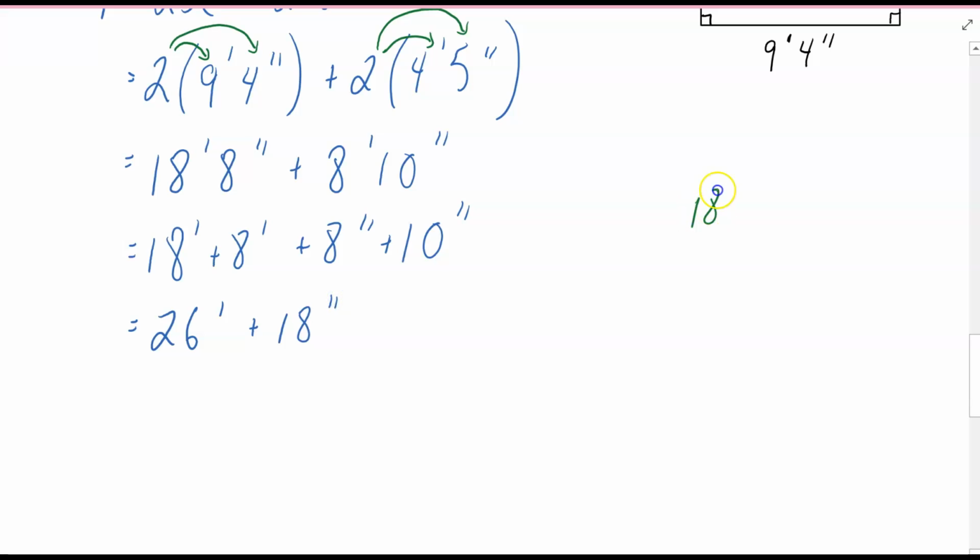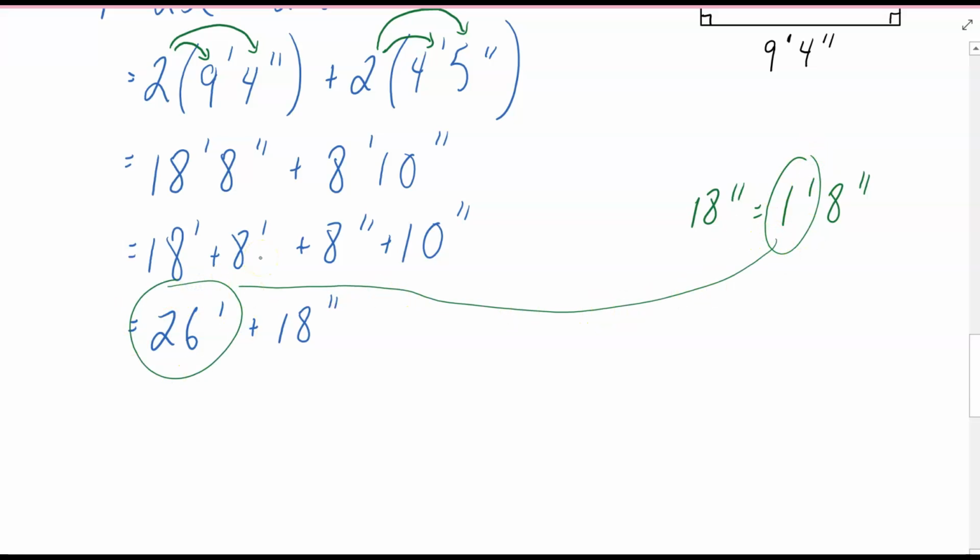Well, 18 inches is actually equal to 1 foot 8 inches. The 1 foot is going to get combined with our 26 feet, and the leftover is the 8 inches. So this will actually be 27 feet 8 inches.